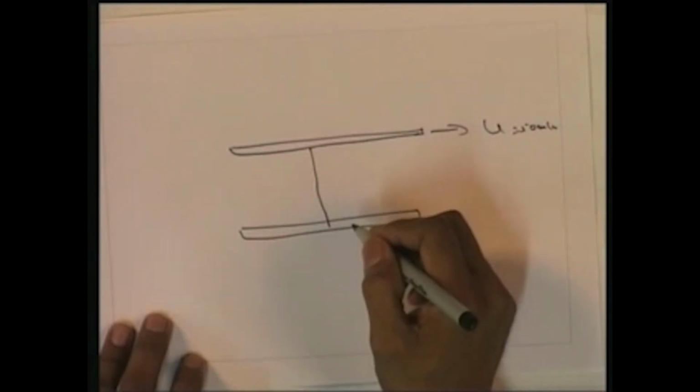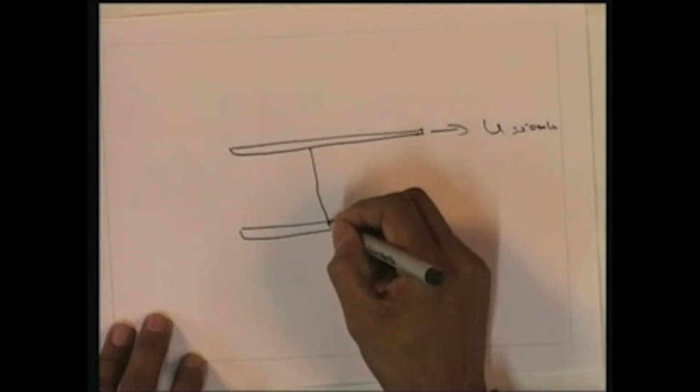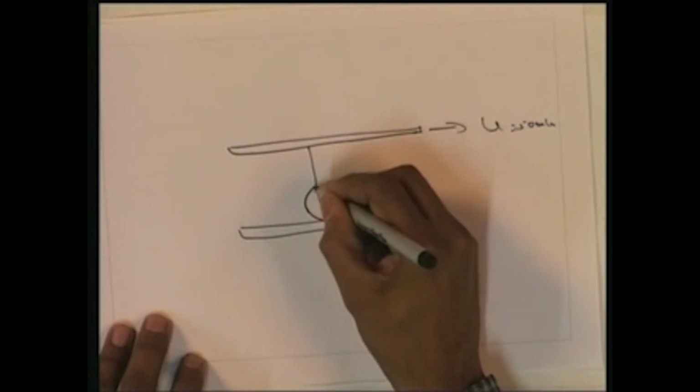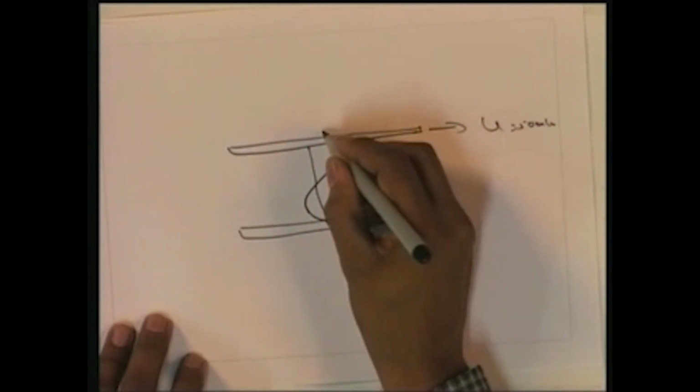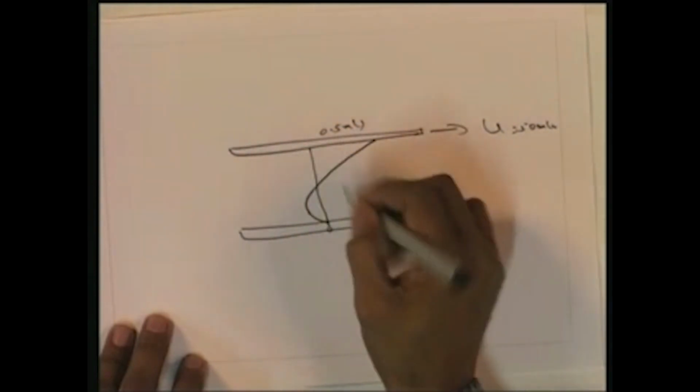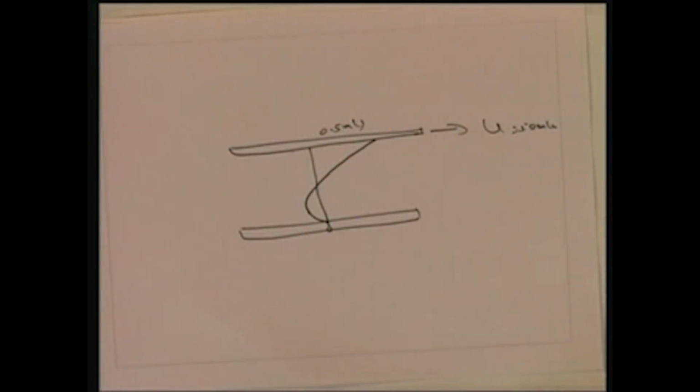At the bottom the velocity is 0, and you get an expression something like this. Here it is 0.5 meter per second and here it is 0. We can find the position where the velocity becomes 0 by equating this velocity expression to 0.